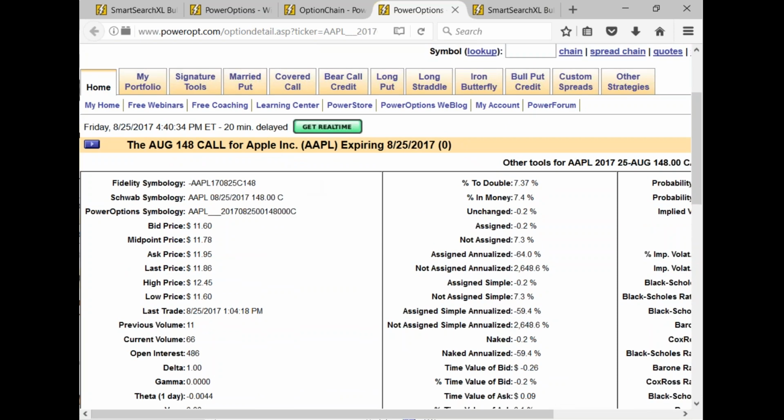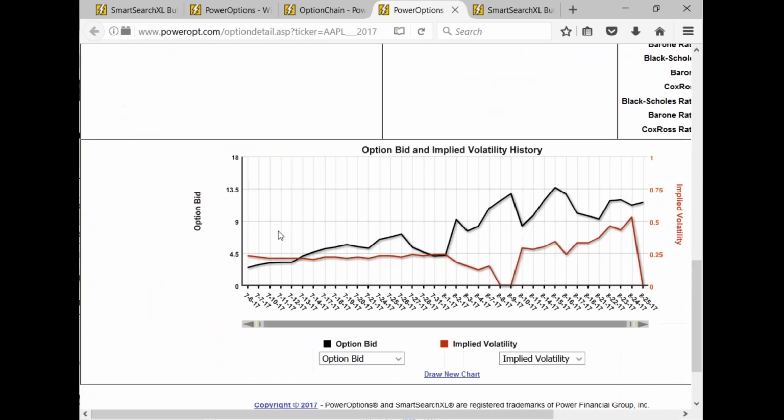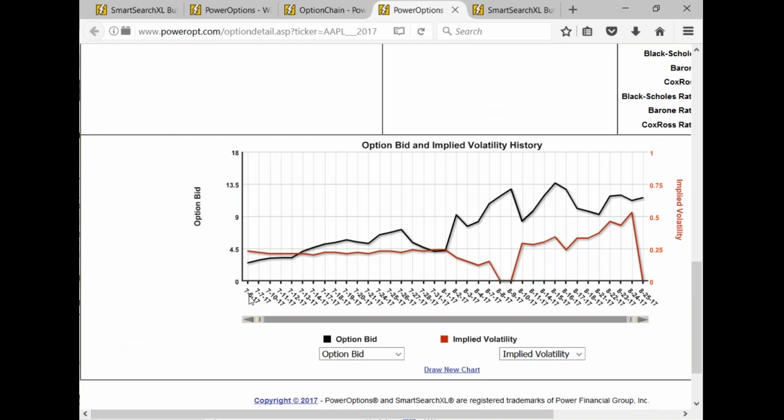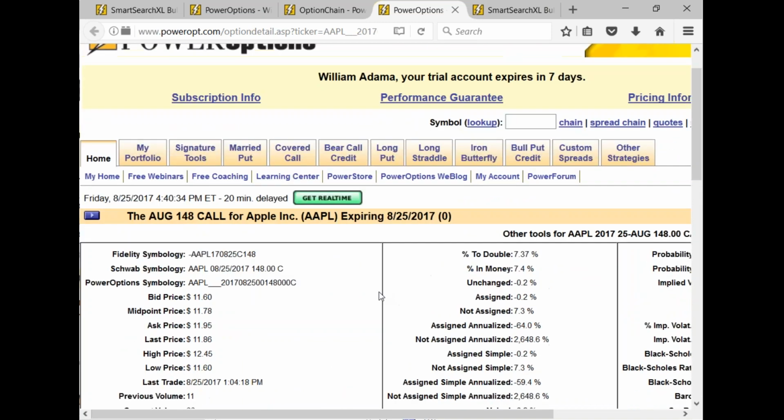So giving me this, well, what is the 1 year volatility for this option? There isn't a 1 year volatility. It's only existed for 3 months, or 2 months, roughly. That's what's important. What has it been over the actual trading period of the option? Not saying the 148 12 months ago had a volatility of only 0.005.